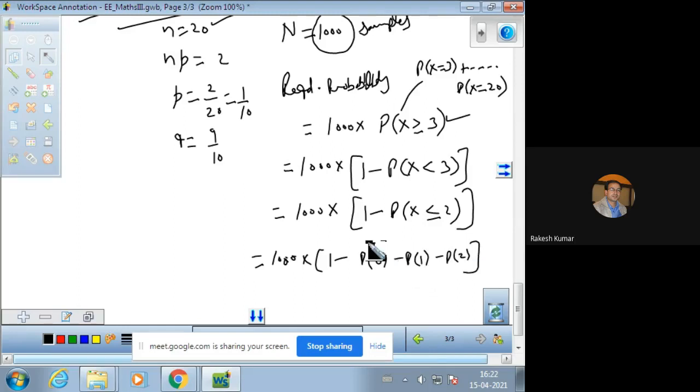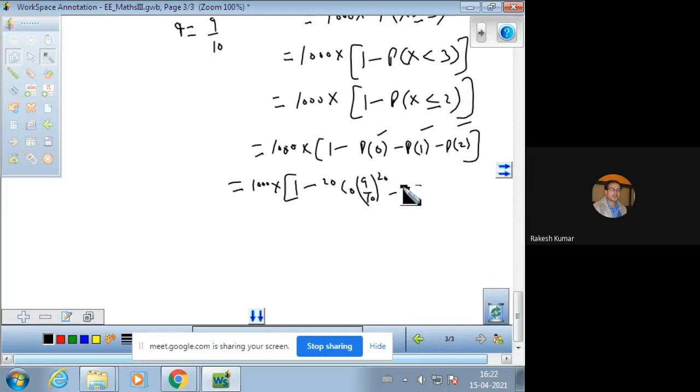नाउ अब इस क्वेश्चन में इस कॉम्प्लीमेंट रूल से हमें 3 ही प्रोबेबिलिटीज फाइंड करनी पड़ेंगी. सो उसके लिए हम लोग जो है फार्मूला लगा देंगे. So 1000 1 minus p0. P0 is 20c0 9 over 10 raised to power 20.